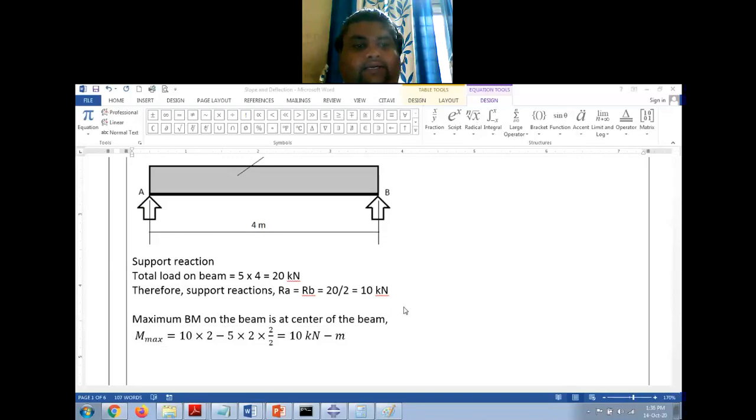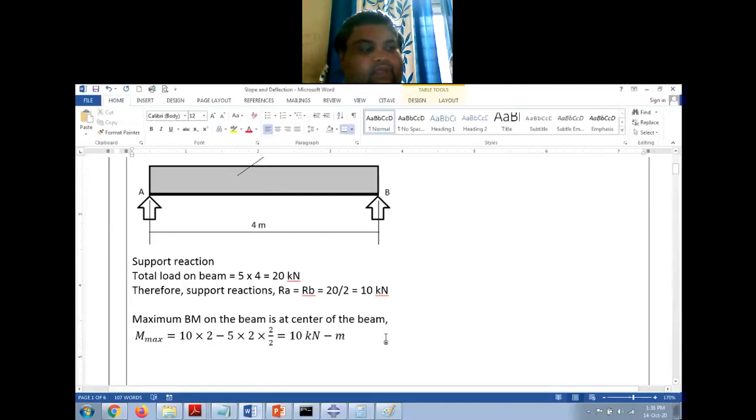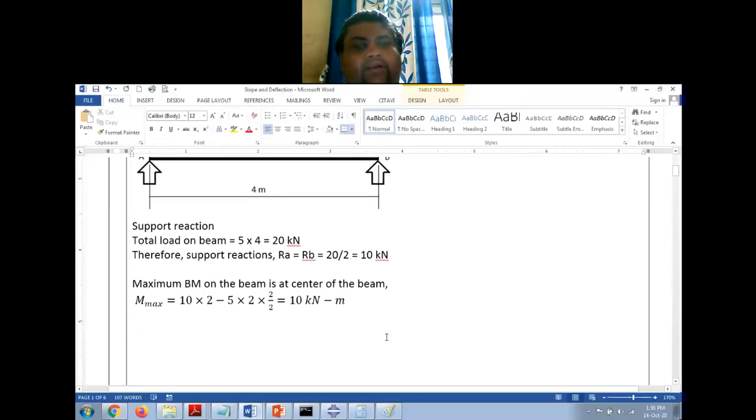All right, let's continue. So the maximum bending moment I have is at the center, and the magnitude of that is 10 kilonewton meter. Right? Now let me find the moment of inertia of the section. Now this is a rectangular cross section.